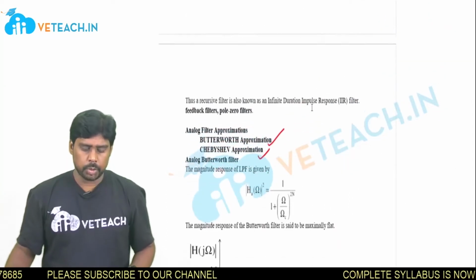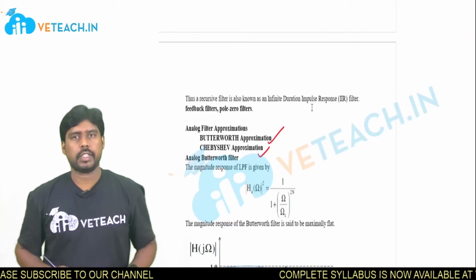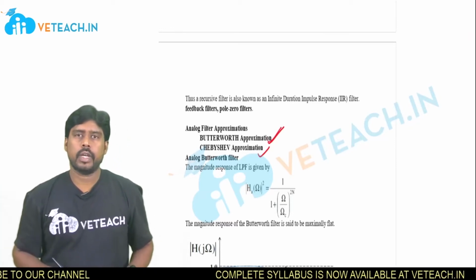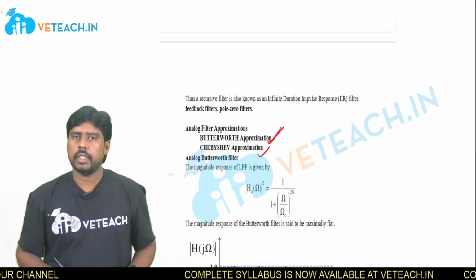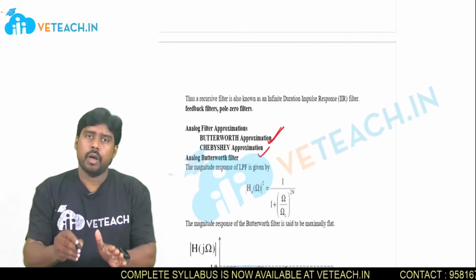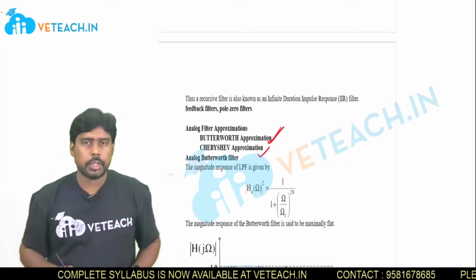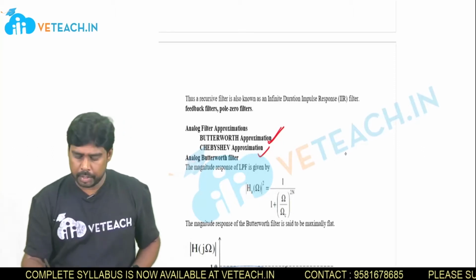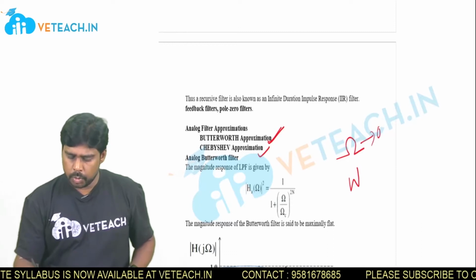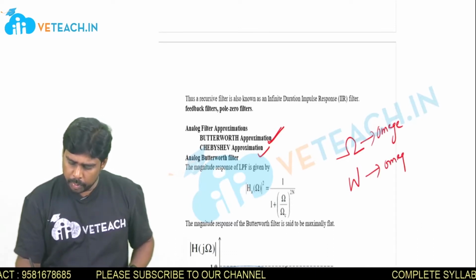Then coming to analog filter design methods, H of S design methods. As I told you, there are two methods. One is the Butterworth method and the second one is the Chebyshev method. Before going into the details of these two methods, I would like to bring out a difference between two terms, both known as omega.